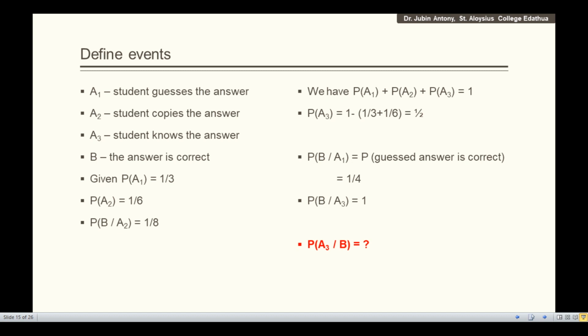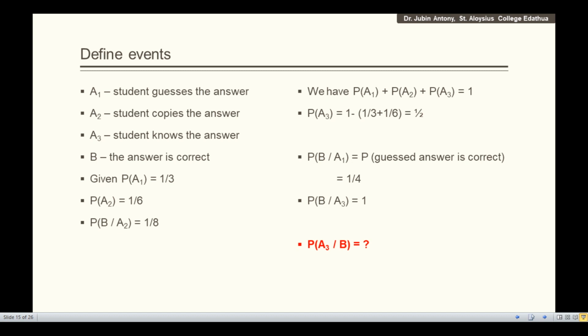Since the student either guesses the answer or copies the answer or knows the answer, we have probability of A1 plus probability of A2 plus probability of A3 equal to 1. Therefore, probability of A3 can be calculated as 1 minus (1 by 3 plus 1 by 6), which is nothing but 1 by 2.